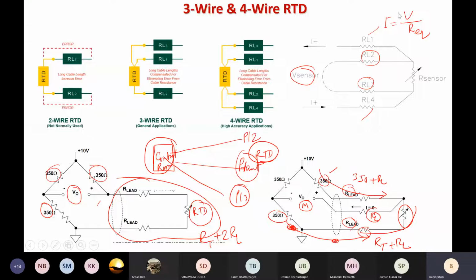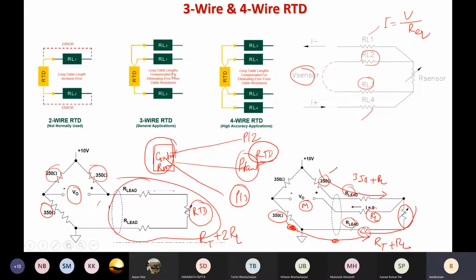After that, we also discussed in detail the 3-wire and 4-wire RTD configurations in order to reduce the effect of lead wire. So lead wire we illustrated. That is the wire which we use to take out the connection from the sensor to the control room.